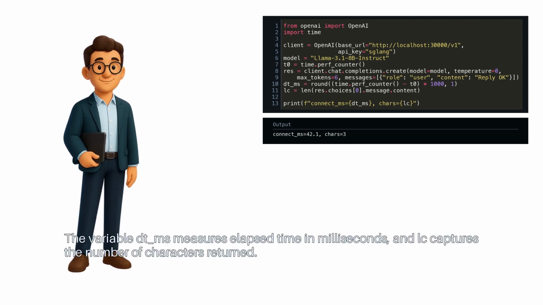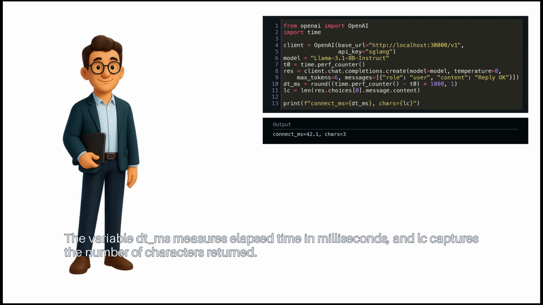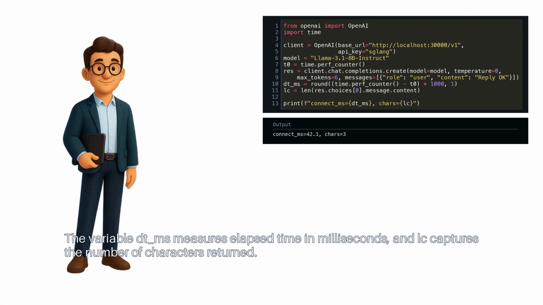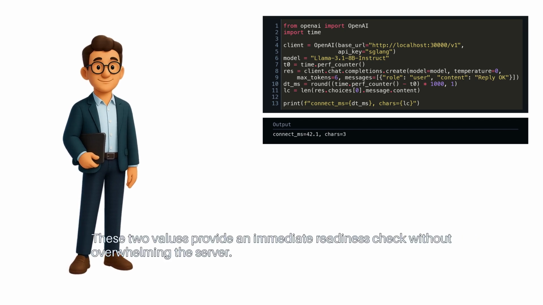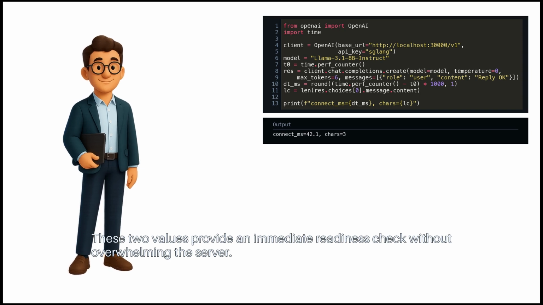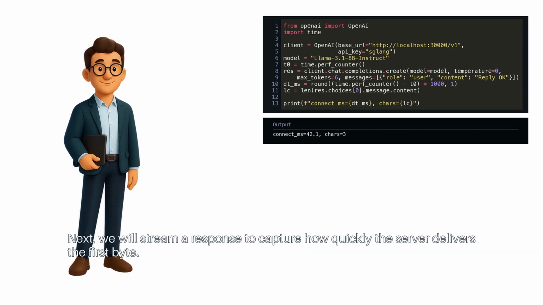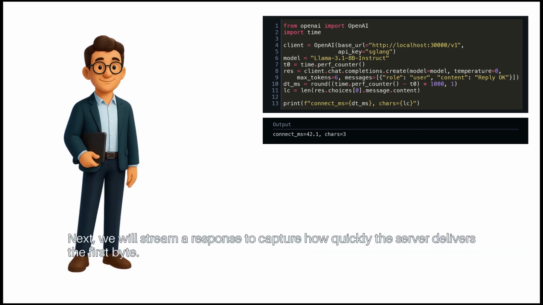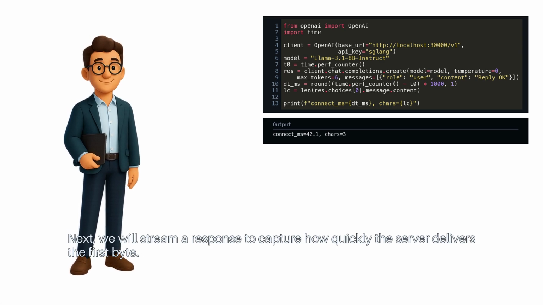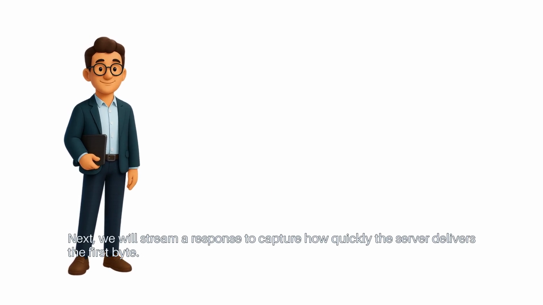The variable dt_ms measures elapsed time in milliseconds, and lc captures the number of characters returned. These two values provide an immediate readiness check without overwhelming the server. The printed numbers confirm the server is reachable and give a first latency reading with minimal output size. Next, we will stream a response to capture how quickly the server delivers the first byte.